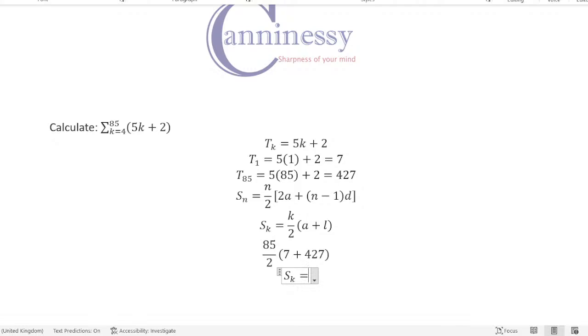So Sk will be 18,445. That is the value of Sk.